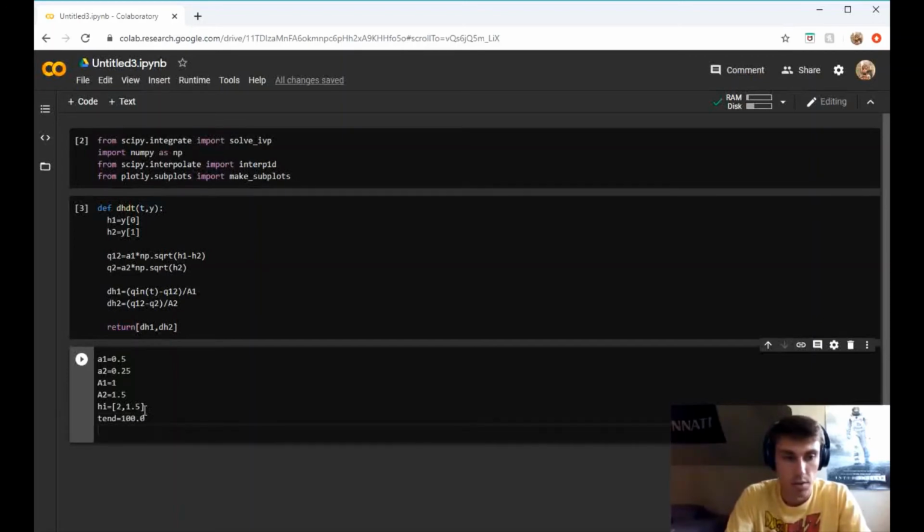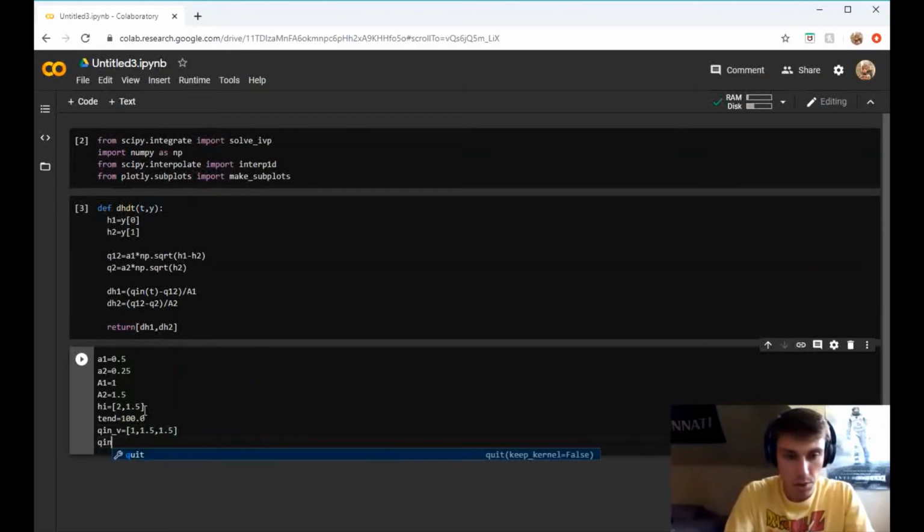And Q in V, for the vector, is going to start at 1, it's going to go to 1.5, and then it'll stay at 1.5.